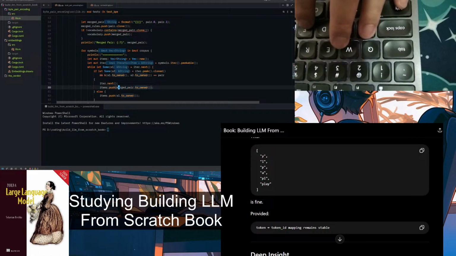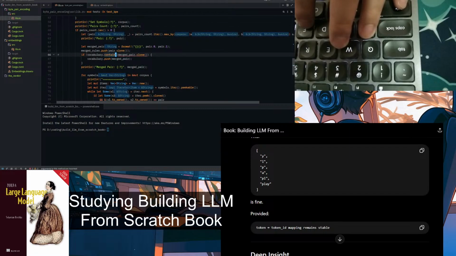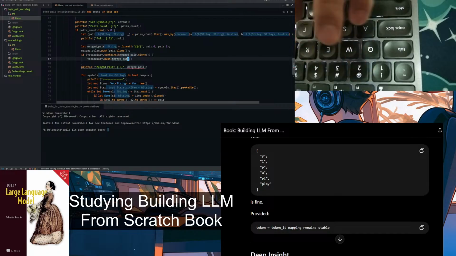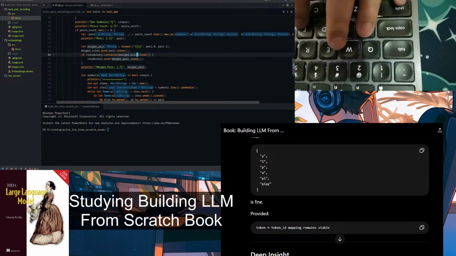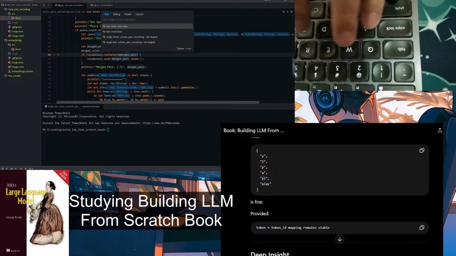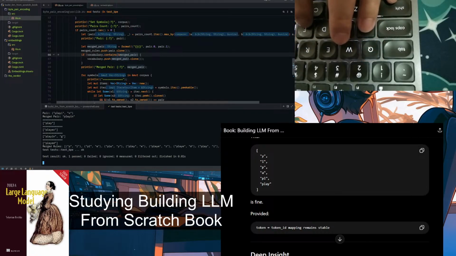I think hindi ko pala kailangan. Anyways. May lang, something's wrong with my logic dito. Iisipin ko na lang later. I'll just later clean up. So this is my merge rules.